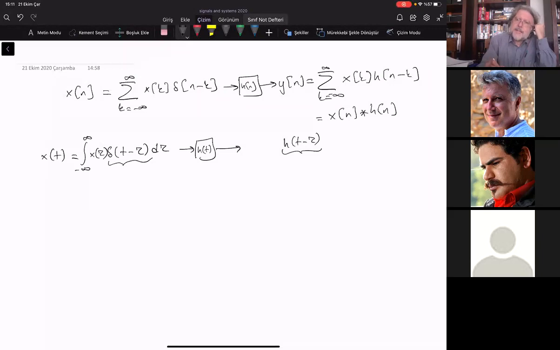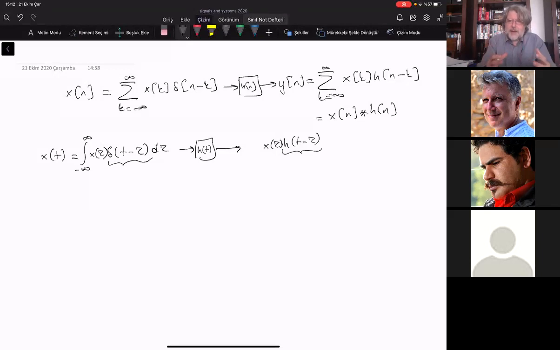Okay. Now for x of tau, a scale, times delta t minus tau, what will be the output? The output will also be scaled with the same scale, which is x of tau times h of t minus tau. So x of tau delta t minus tau goes into the system, and x of tau h of t minus tau goes out of the system.